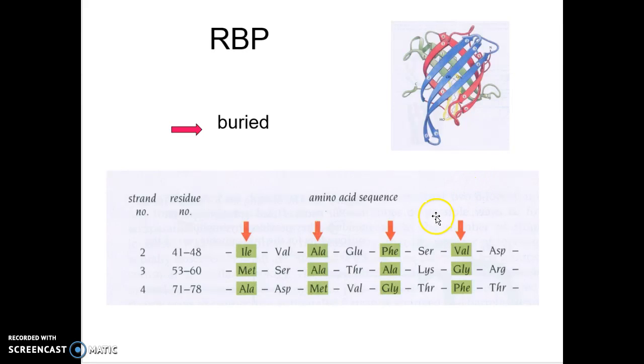So when RBP is aligned for its beta sheets, every other alternating residue shows highly conserved hydrophobic residues, meaning every other residue faces the same direction, heading to retinol A, making hydrophobic interactions with the ligand.